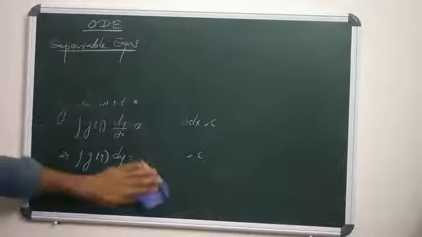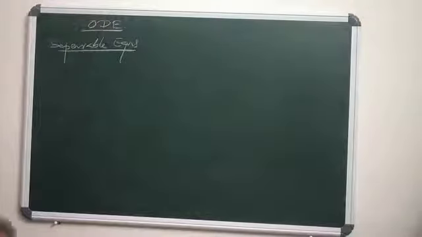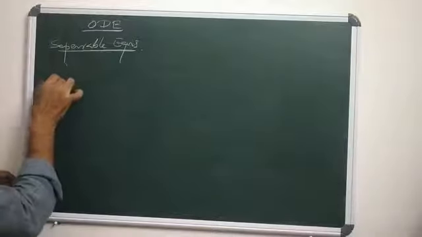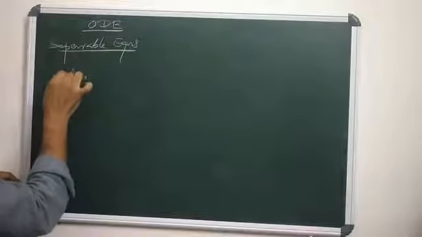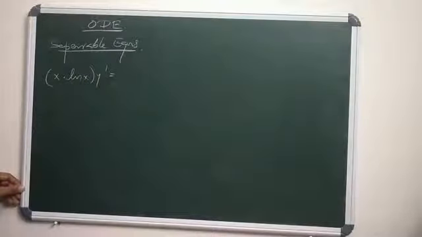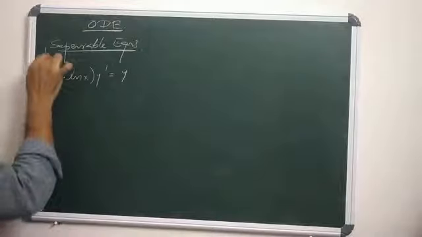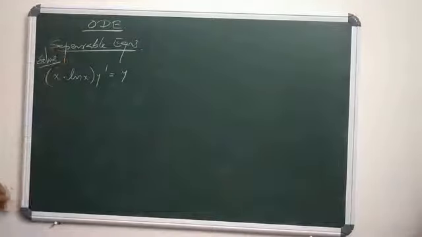So consider, for an example, an equation. Solve x log x into y dash equals y. Solve this differential equation: x log x into y dash equals y. Is it a first order differential equation?